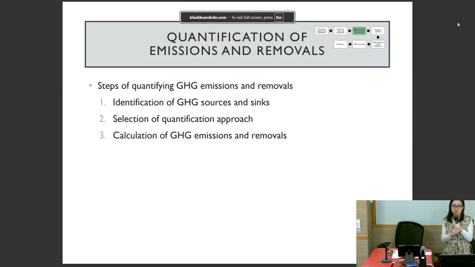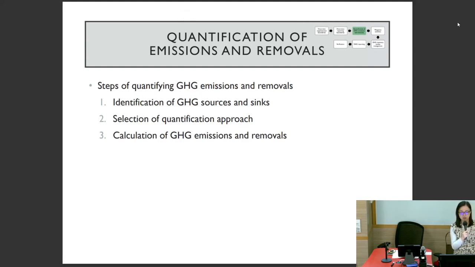So after you have defined the organizational boundary and also the reporting boundary, okay, you have identified all the sources and sinks under Scope 1, Scope 2, and Scope 3. The next step is doing the calculation, okay, quantification of emissions and removals. So, steps for quantifying greenhouse gas emissions and removals.